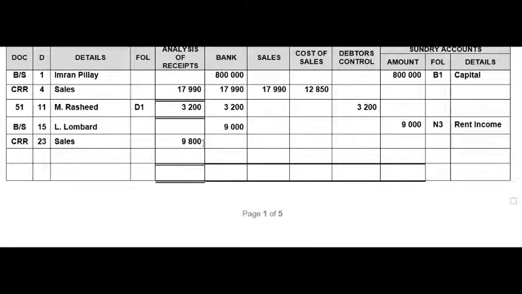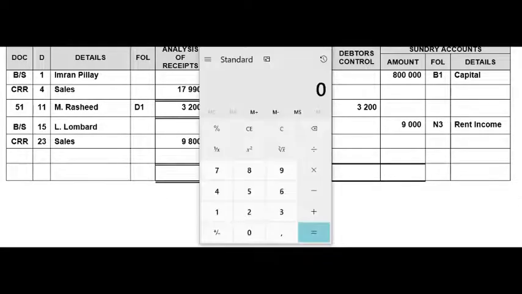Now, how did I calculate this 9,800 Rand? I said the selling price equals the cost price over 1 multiplied by 100 plus markup over 100. Let me quickly show you. Okay, so I said 7,000 Rand multiplied by 100 plus markup.